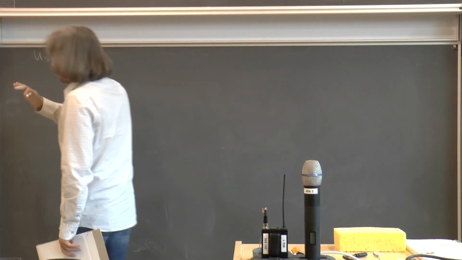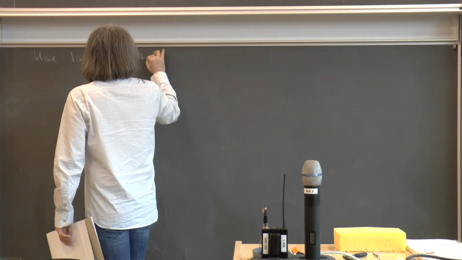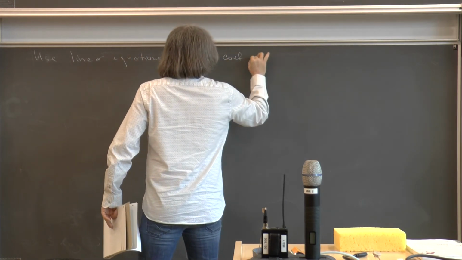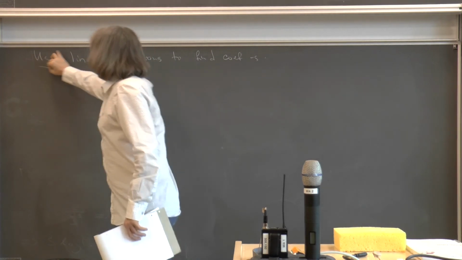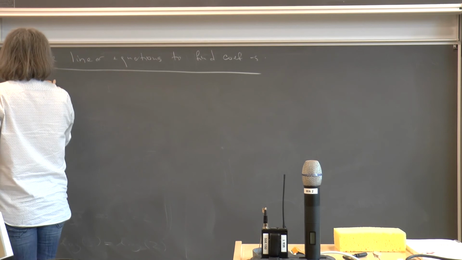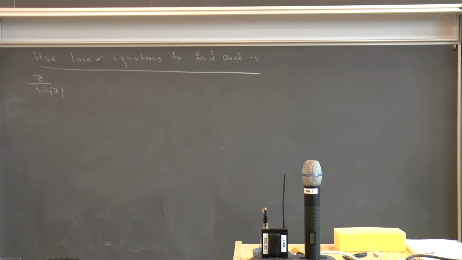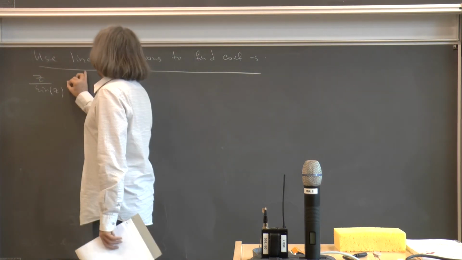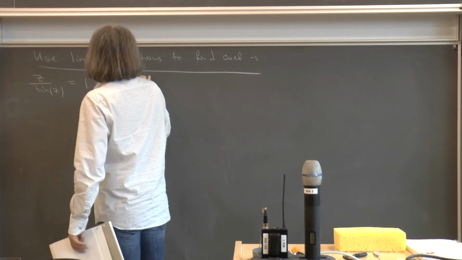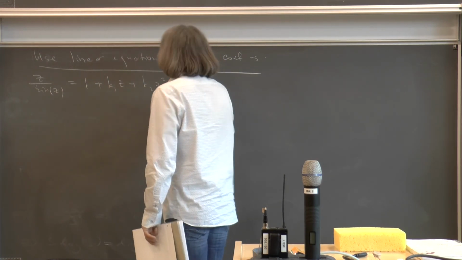So in principle you can find all coefficients. Let's write what we want: z over sine z. This series starts from 1, so the inverse series should also start from 1. So this will be 1 plus k1 z plus k2 z squared plus so on.